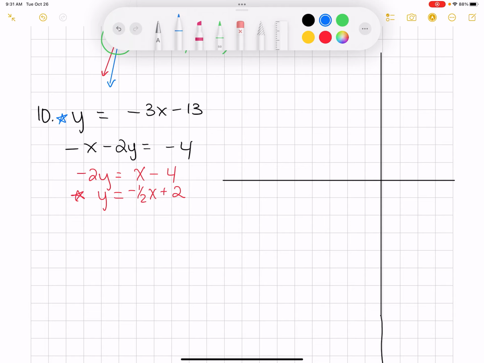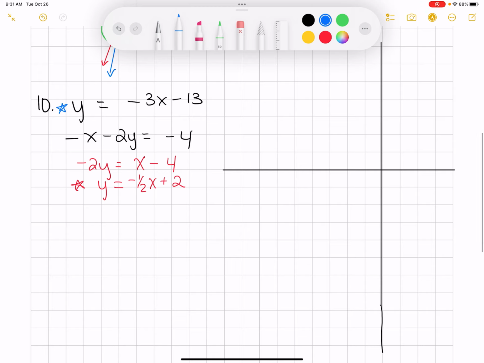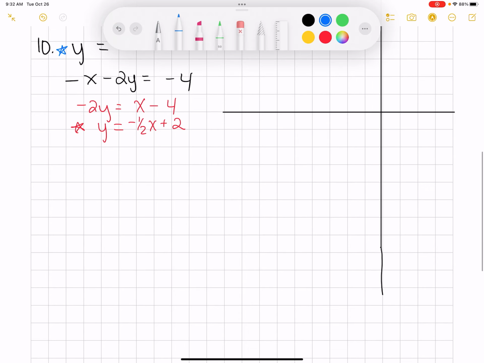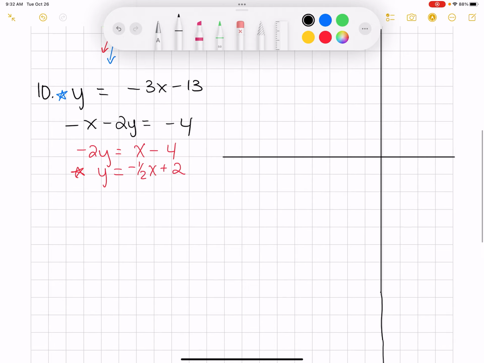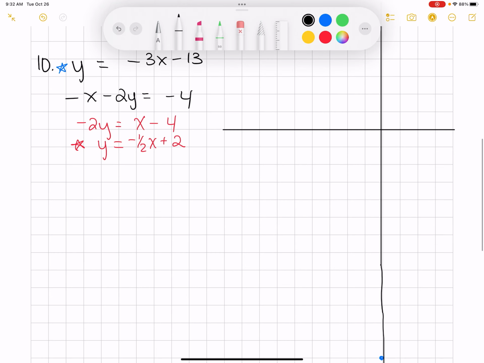All right, we're going to try this. Negative 13. Did I go far enough? 1, 2, 3, 4, 5, 6, 7, 8, 9, 10, 11, 12, 13. Okay, I did not go far enough, so let's tack that down. I'm going to go up 3, back 1 for the negative slope, because if I have to go any farther down, there's a problem.